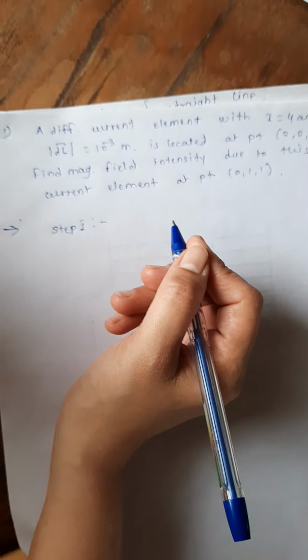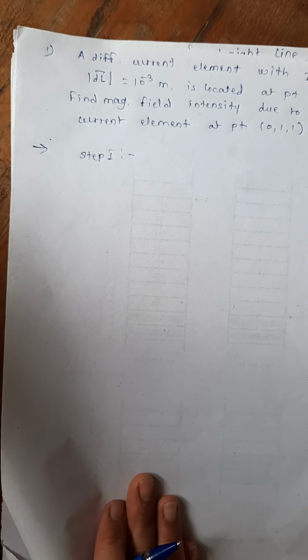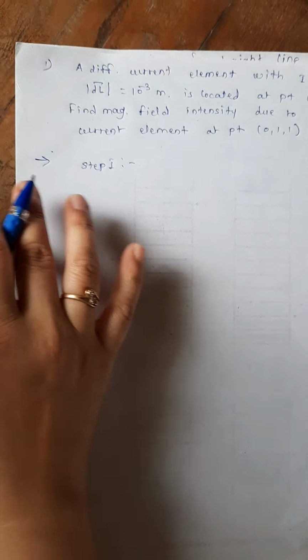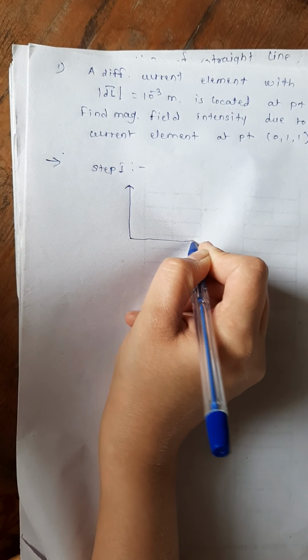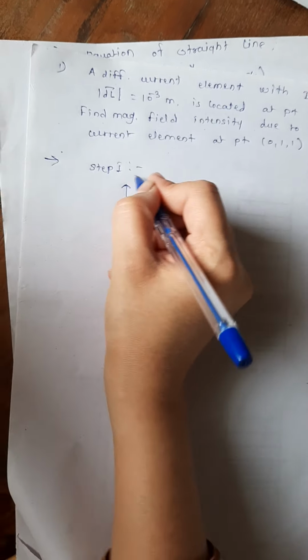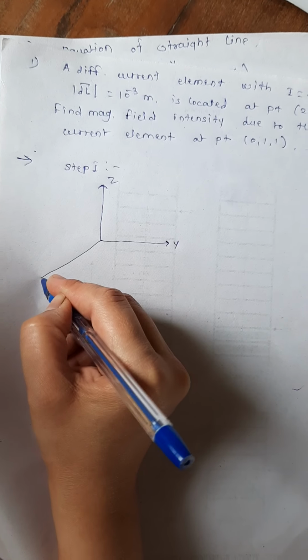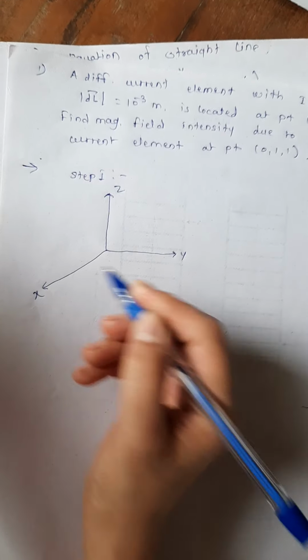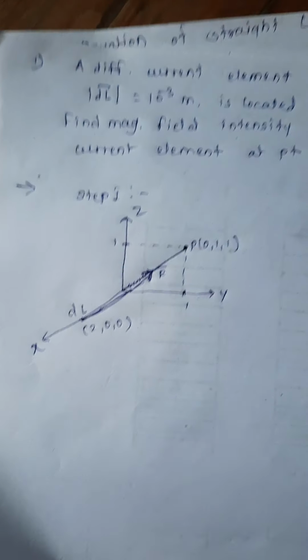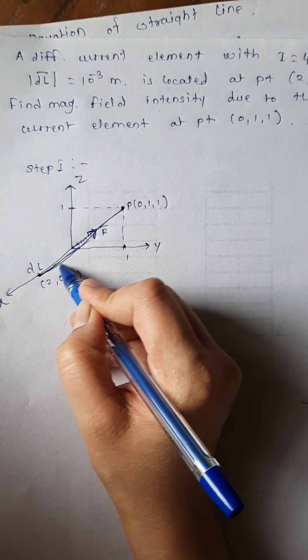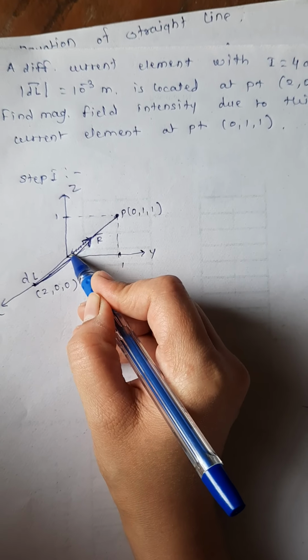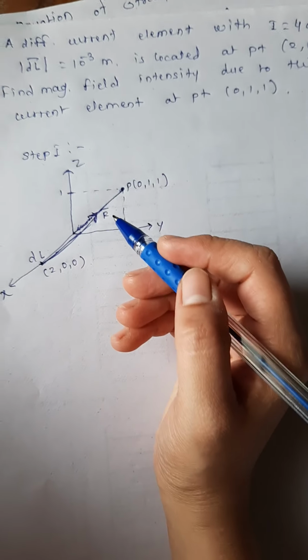Now the given points we will show using a diagram. So this is the y-axis, z-axis and x-axis. This diagram shows dl, and vector r bar from dl bar to P. It is rough.